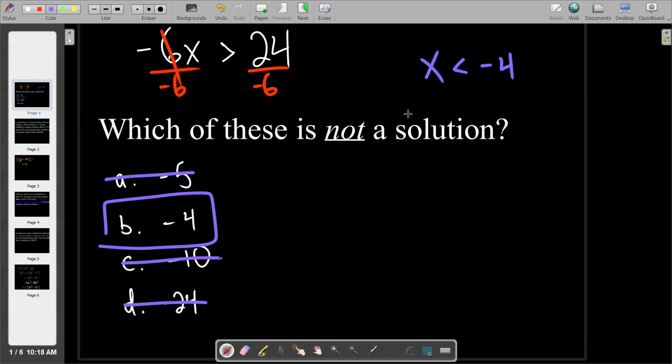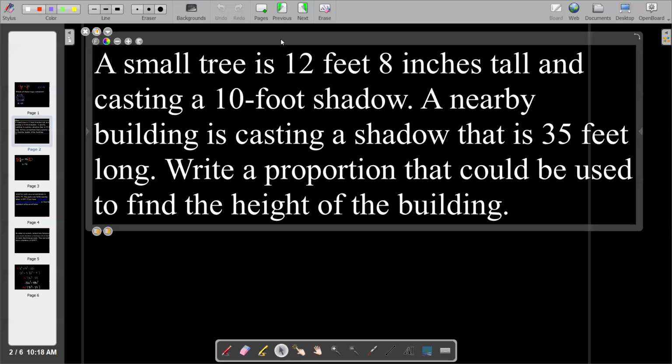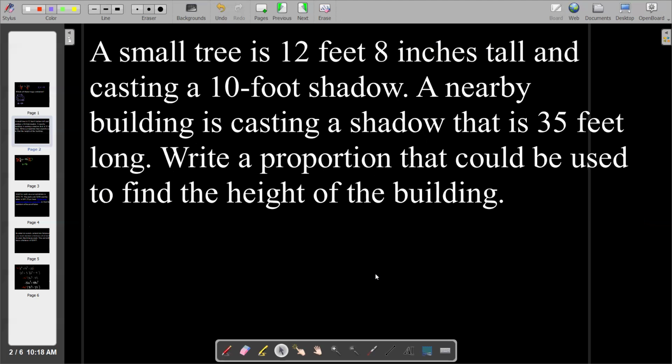Okay. Some of these I have on the computer, some of them I have on a note card. This is my number 3 for you, and you're pretty familiar with this by now, right? What's going to be our strategy for the building, person, flagpole, tree, shadow problem? What's our strat? What do we do?